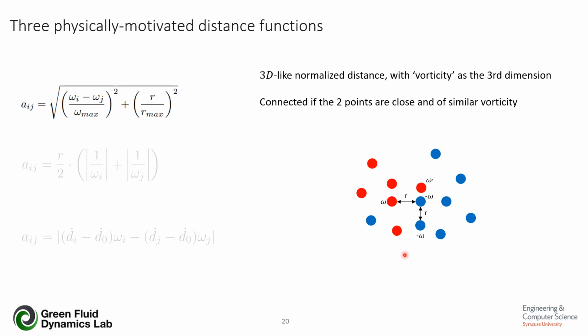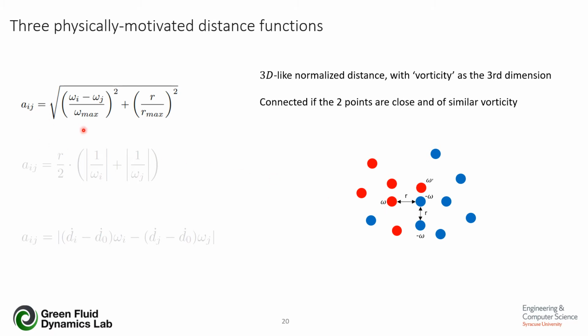For example, as shown in this diagram, we could say that the two blue dots are connected since they have the same vorticity and the Euclidean distance r is very small here. While if we take a look at this red and blue dot, though they have the same small r, they have contrasting vorticity values.